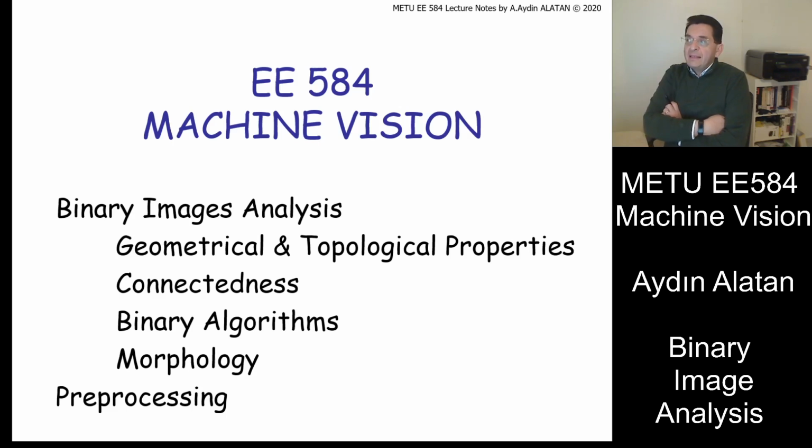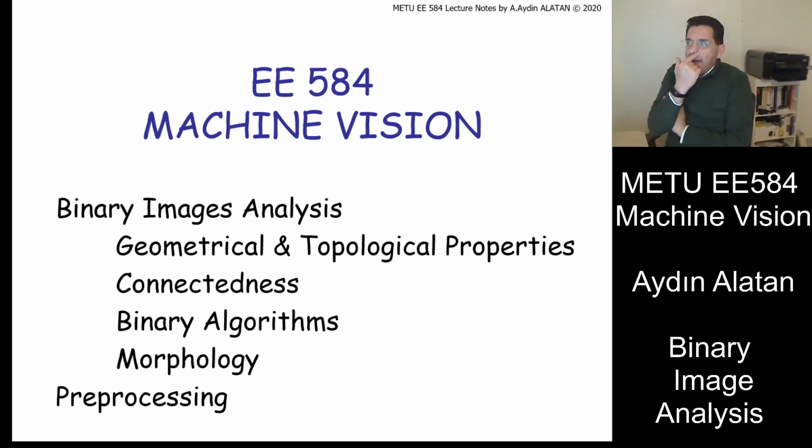In fact, this conversion is the first step of a representation where some of the redundancies are removed from the image. Now, about this, I'm going to talk about some geometrical and topological properties. Then I'm going to talk about the concept of connectedness, the neighborhood concept.